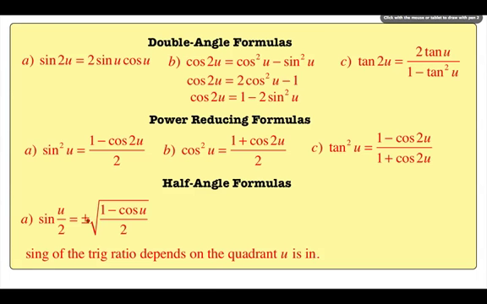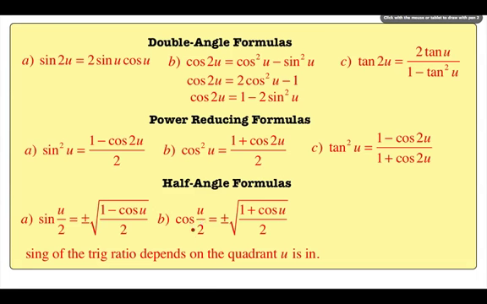So for example, if you end up with a u in quadrant 2, since you have sine, and you know that sine is positive in the second quadrant, you use the positive square root of this expression. If you have u in the third quadrant, then you know sine is negative in the third quadrant, so you use the negative square root of this expression.